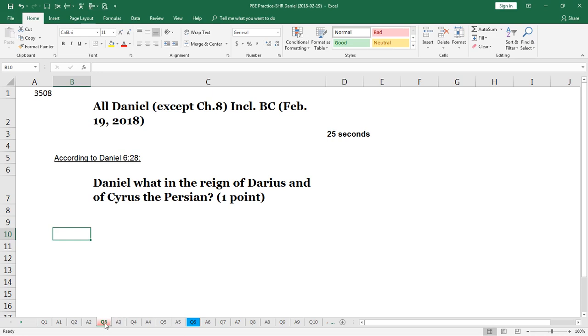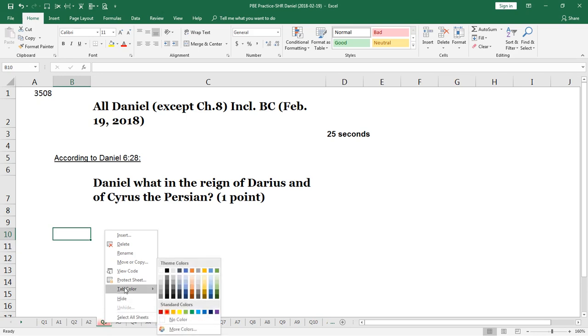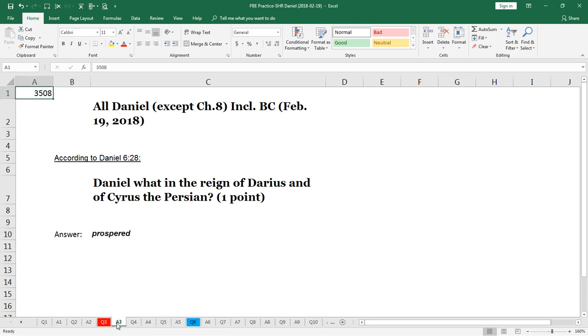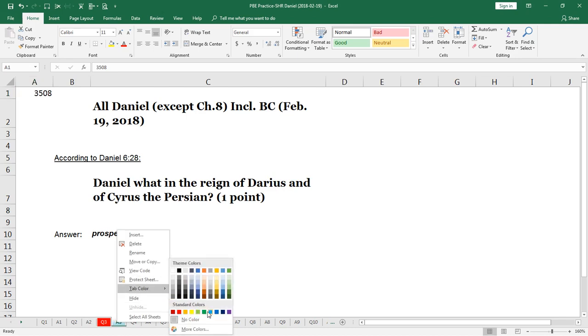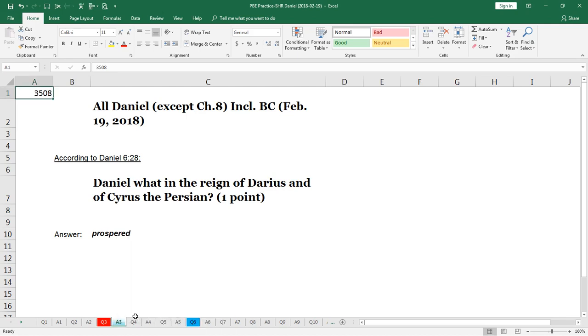So there's no way for me to flag a tab as both red and this light blue color. If I were to just pick light blue, the red would go away and I wouldn't know that I got it wrong. So what do I do? It can't be 2 colors, but I do have 2 tabs. I could flag the question as red saying I got it wrong, and I could flag the answer blue to say, oh, there's a problem with it.